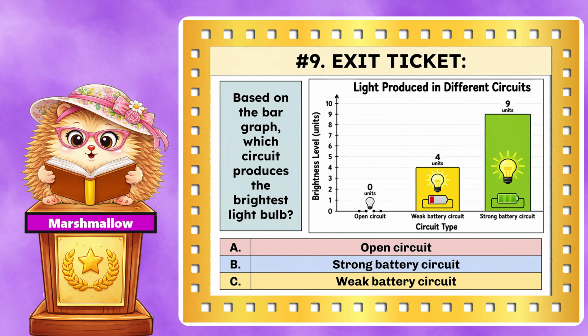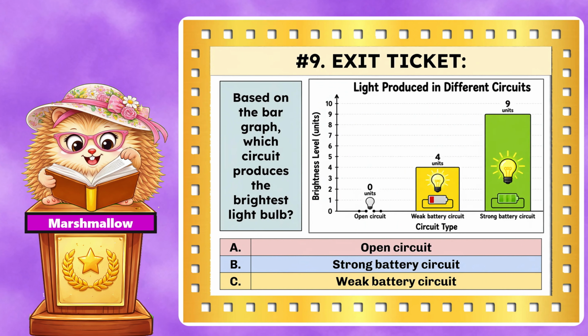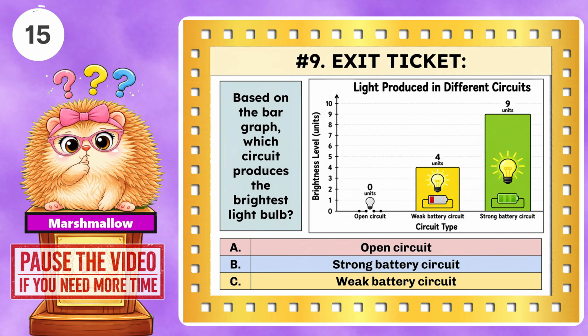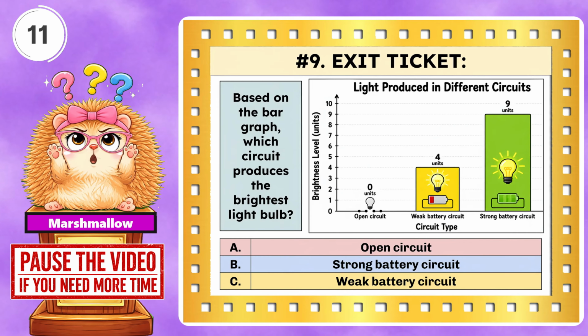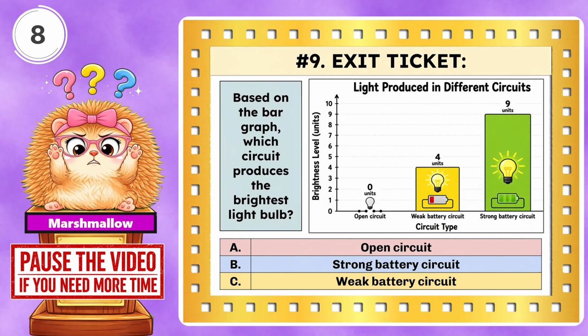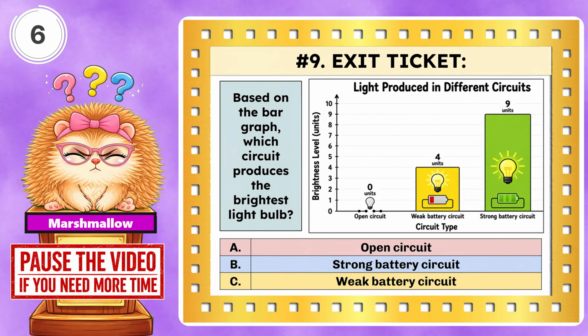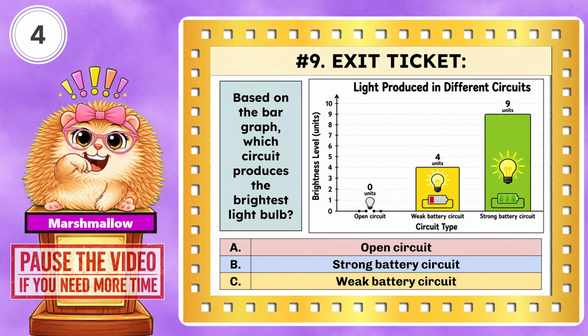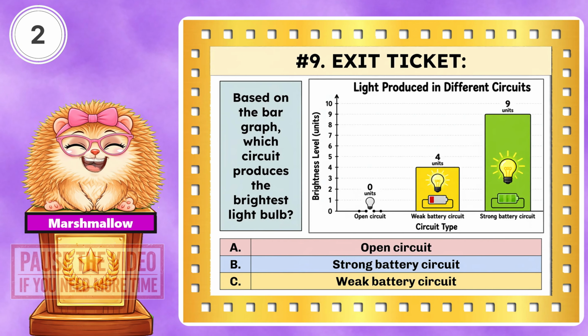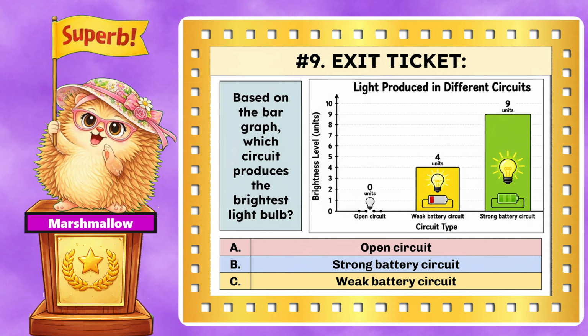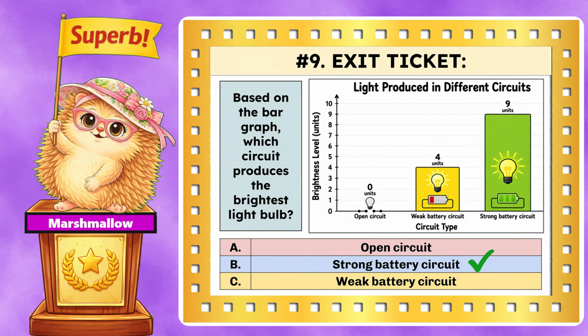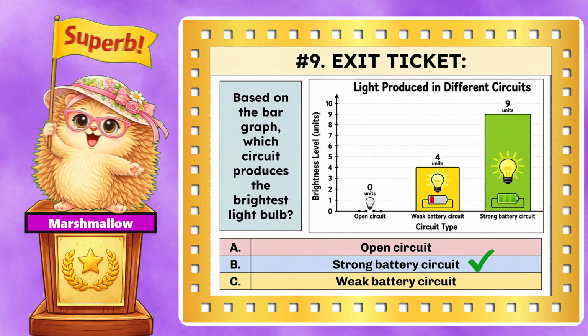Based on the bar graph, which circuit produces the brightest light bulb? And the correct answer is letter B, strong battery circuit.